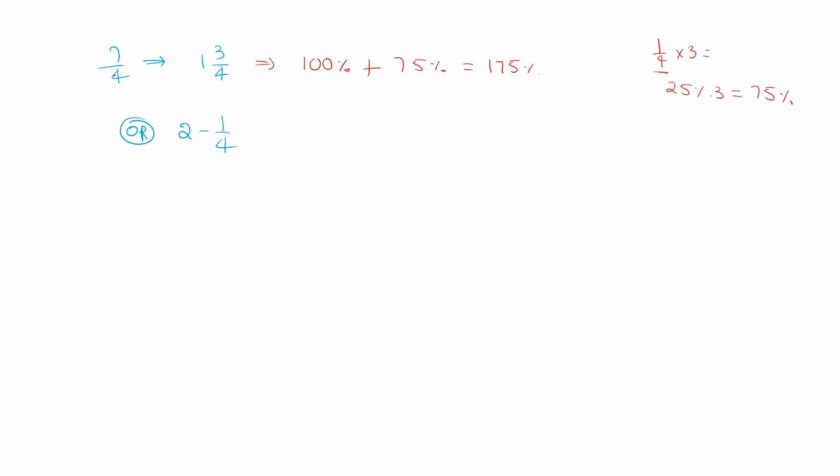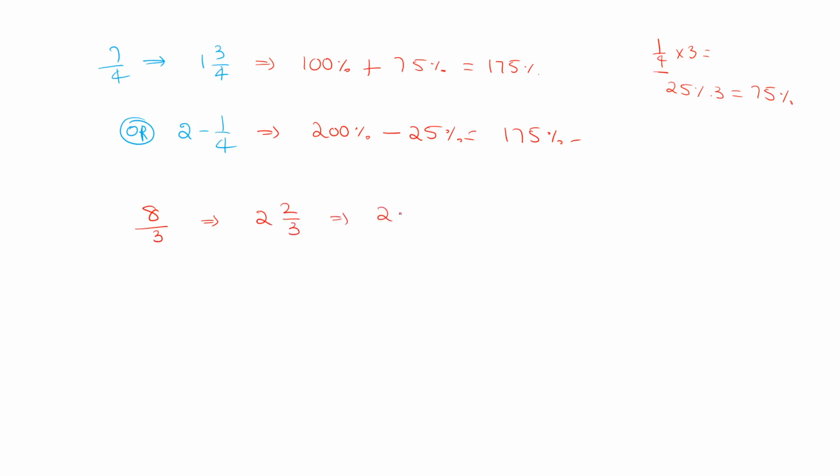Or the same 7 upon 4 can be written as 2 minus 1 upon 4. For 2 we can take 200%, minus 1 upon 4 which is 25%. 200 minus 25 is equal to 175%. If we need to convert 8 by 3 into a percentage, then we can write 8 by 3 as 2 plus 2 upon 3.